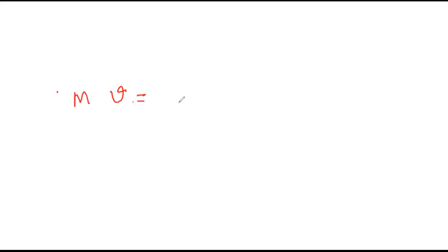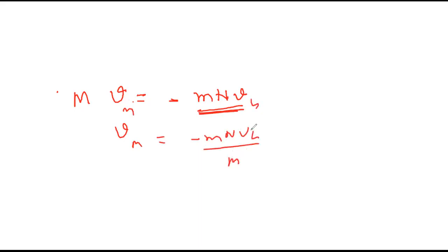Initially they were 0, so it will become minus of mass of bullet, total m into bullet into its velocity. This is total bullet change in momentum. So velocity of that man is minus m n velocity of bullet upon capital M.